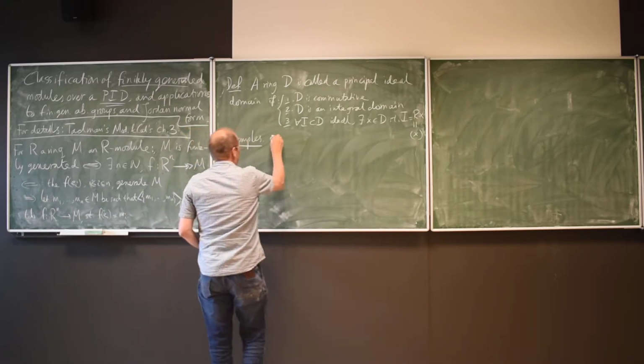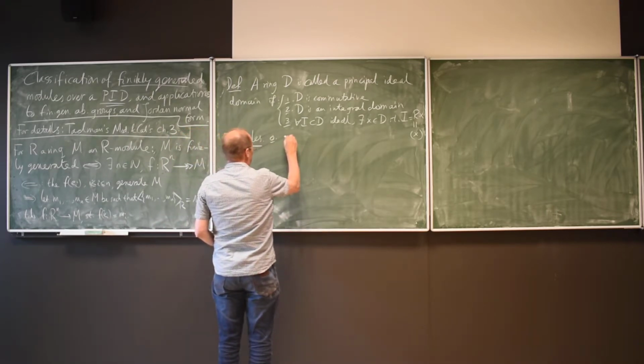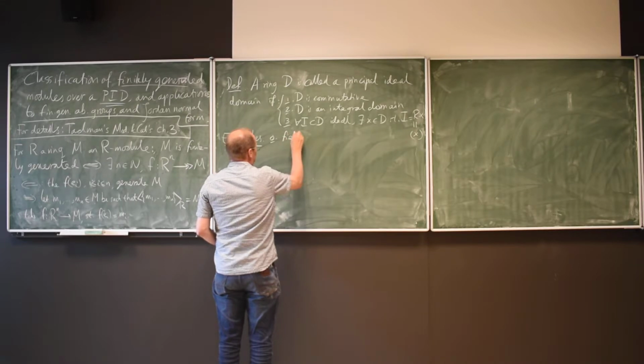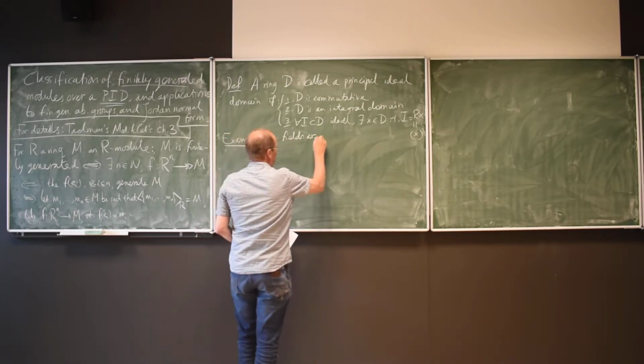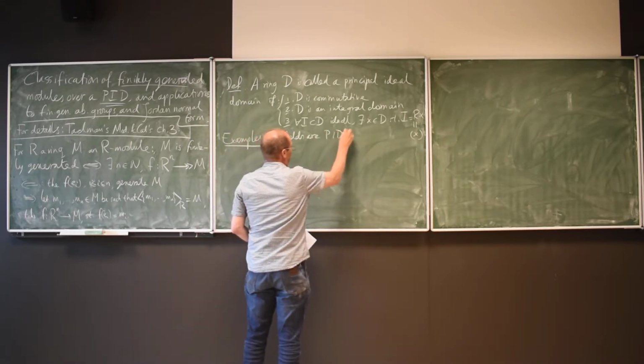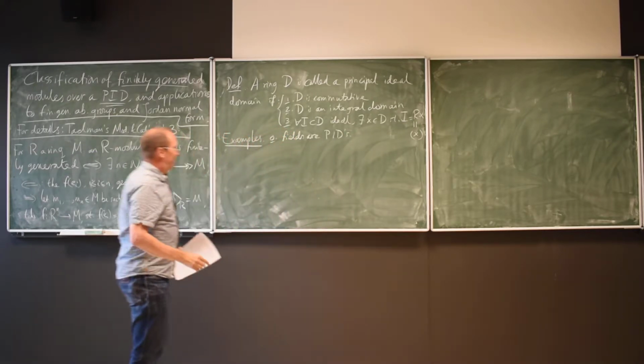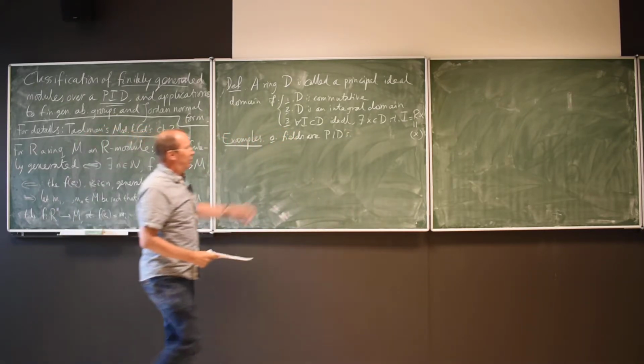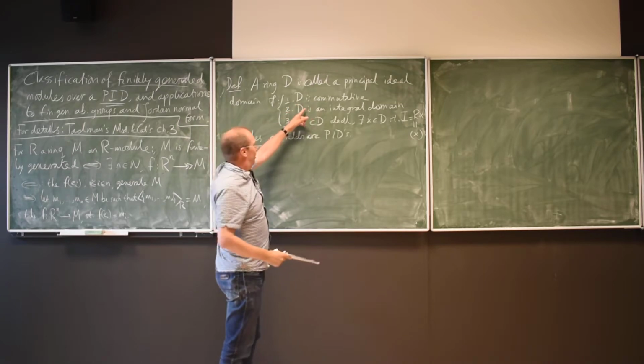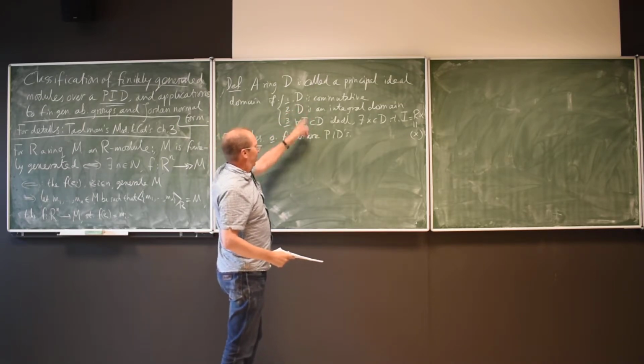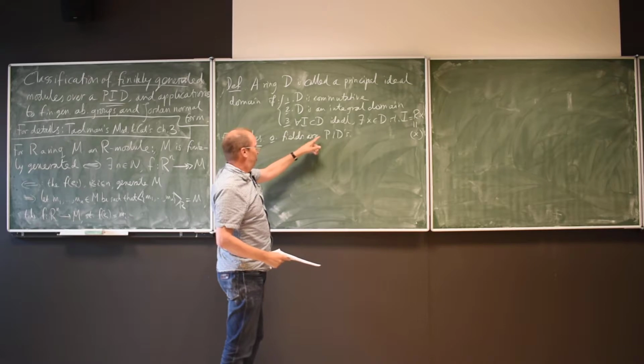So the zeroth example: every field is a principal ideal domain. Yeah, because, well, you can check it is commutative, otherwise it would not be called a field. A field is also non-zero, it is an integral domain actually.